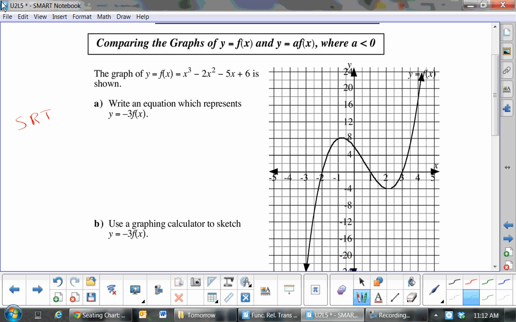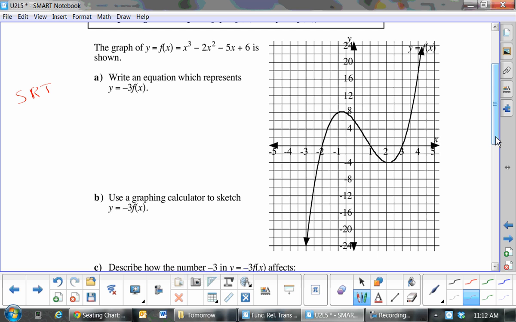When you do the reflection, then the stretch, bad things happen. Okay? So let's do this one together. And I'm not going to use any smartboard stuff. I'll do it just like you guys have to do it, because I want you to know this process, because I think this is a good written response question on one of my exams. Like, draw this. What would it look like after?